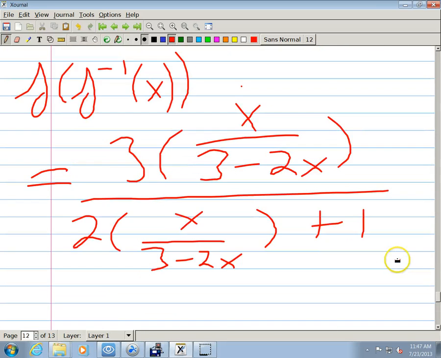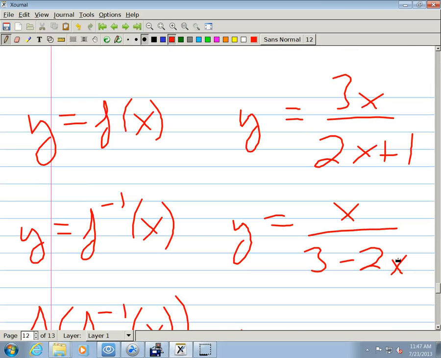All right, so let's see. We started off with f of x is 3x over 2x plus 1. And the other one, f inverse of x, is x over 3 minus 2x. We did f of f inverse.